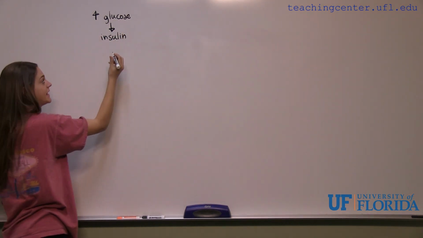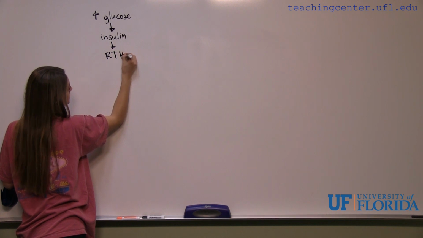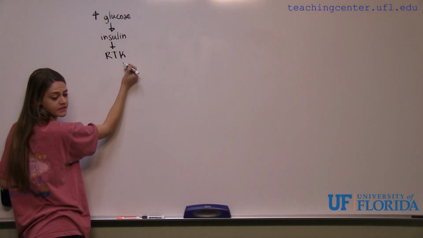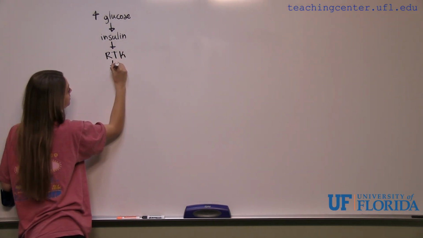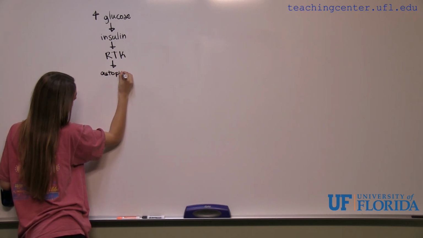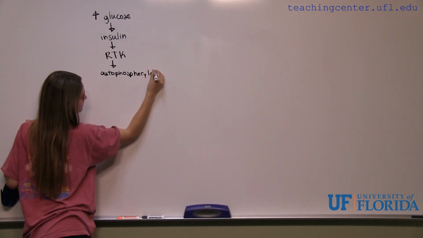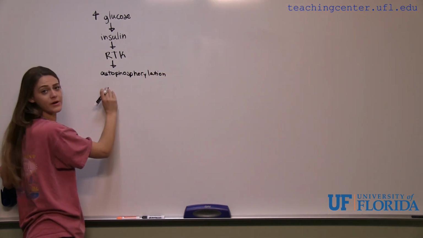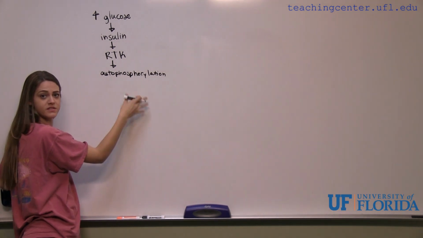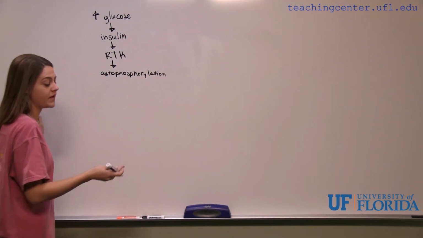Insulin is going to bind onto RTK, which are receptor tyrosine kinases. This is going to lead to autophosphorylation. And I recommend you speed this video up because sometimes writing can take a while, so you might want to go through it quicker yourself.